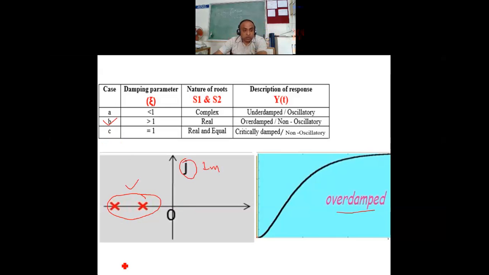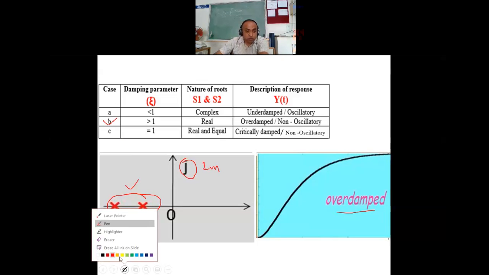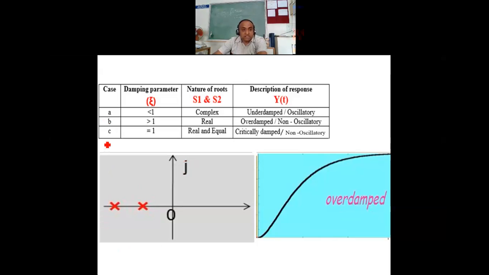So coming to the third one, when xi equals 1. What do you mean by xi equals 1? There, you get roots which are real and equal. Such a system we call a critically damped system, and it is non-oscillatory. Let us see where real and equal roots lie.